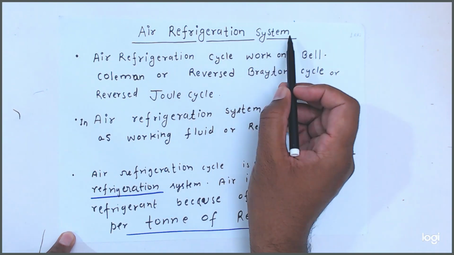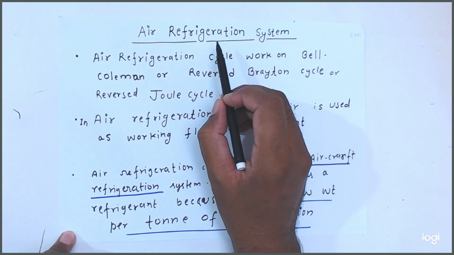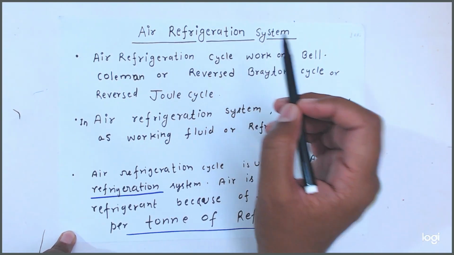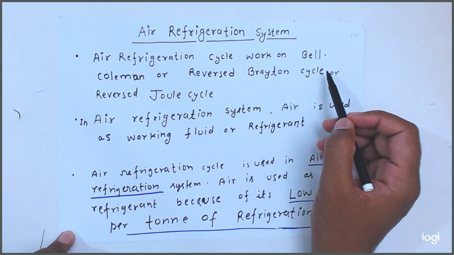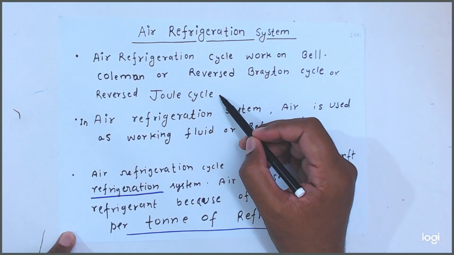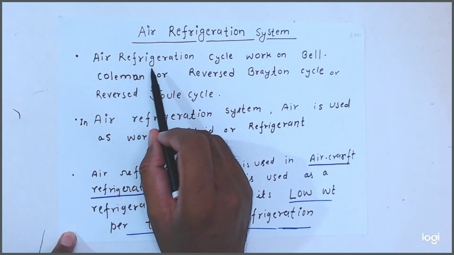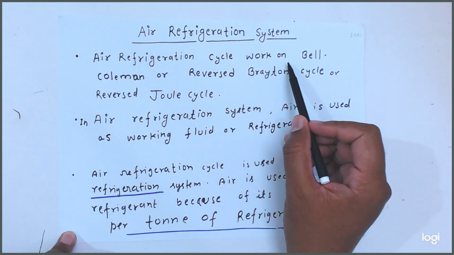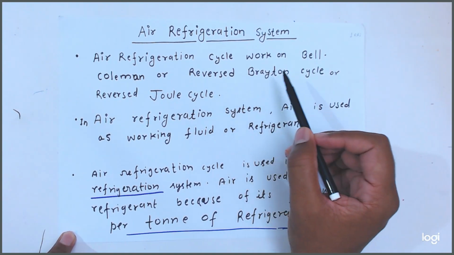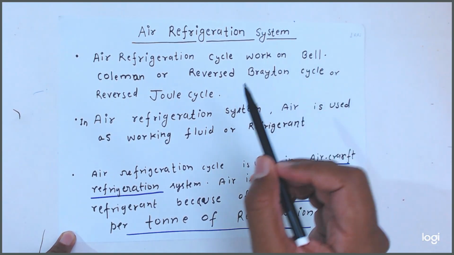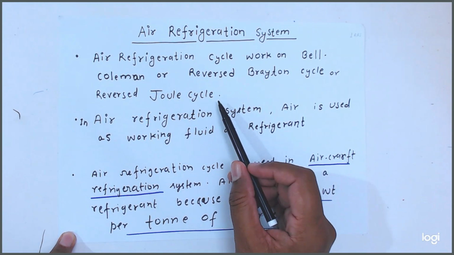एयर रेफ्रिजरेशन सिस्टम। Friends, in this we will see the Bell-Coleman cycle or reverse Brayton cycle or reversed Joule cycle. So the air refrigeration cycle works on the Bell-Coleman cycle or reverse Brayton cycle or reversed Joule cycle.